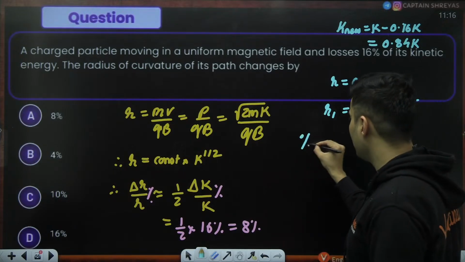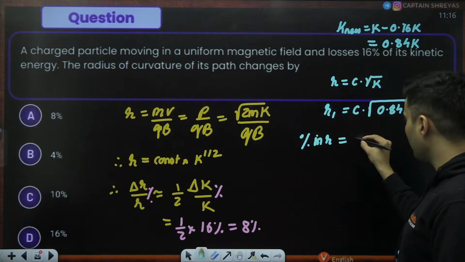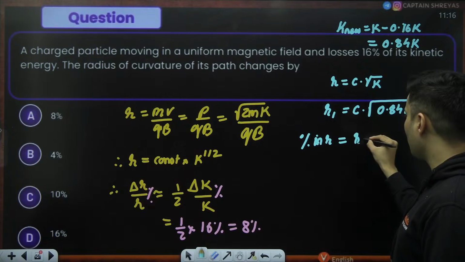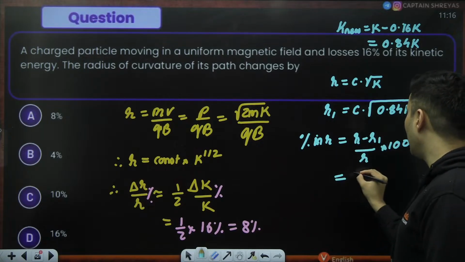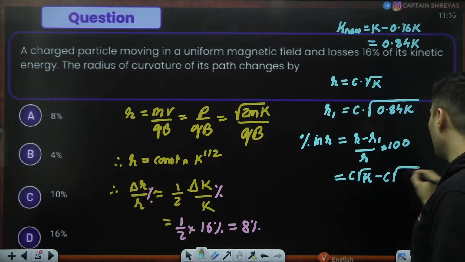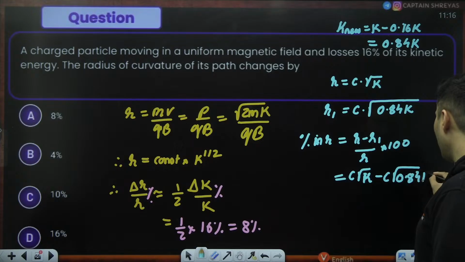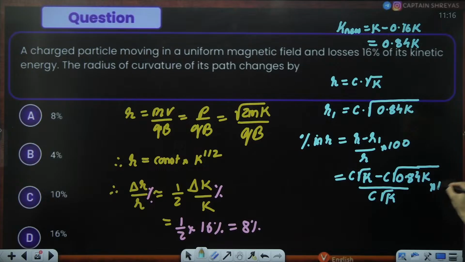And then percentage change in R will be R minus R1 divided by R multiplied by 100. So then R will be C root K minus C into root of 0.84K, the whole thing divided by C root K and multiplied by 100.